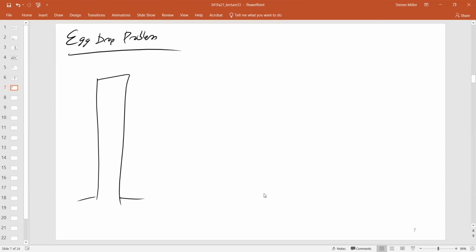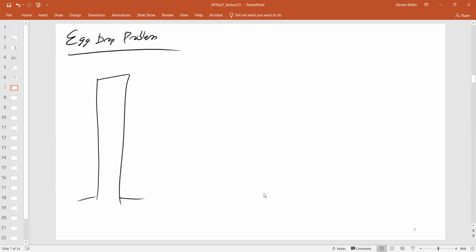And you have very special eggs. The eggs never suffer any cumulative damage below being completely destroyed. So either the egg is completely destroyed when it lands, or there's no damage at all. You can drop it as many times as you want below the critical floor.